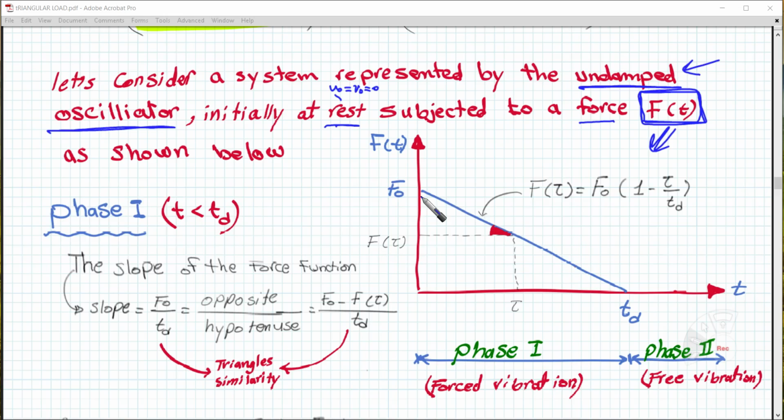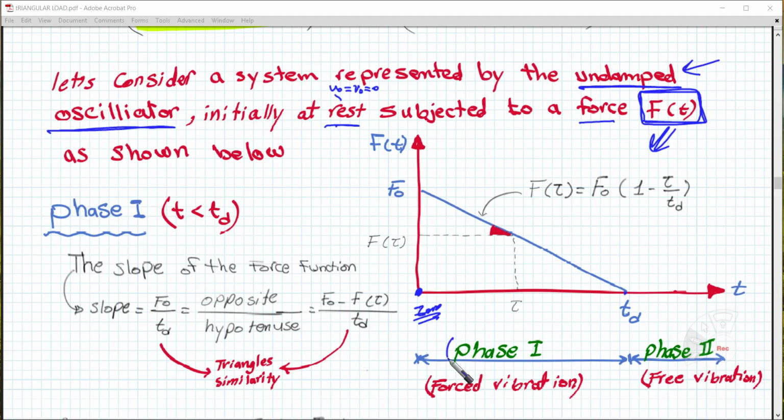The first phase is going to be from t equal to 0 till the end of the force, because the triangular pattern of this force is going to end at a point of time called td.